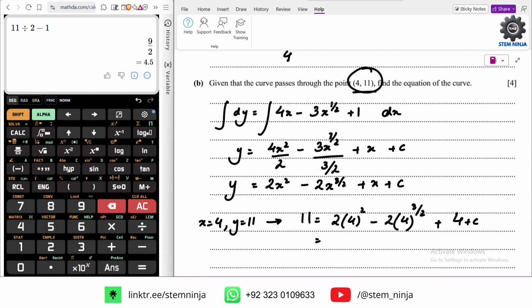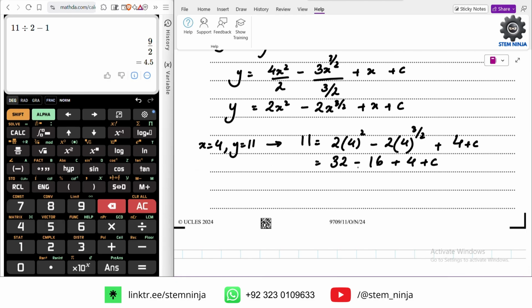So 4 squared is 16, 16 times 2 is 32. The square root of 4 is 2, 2 cubed is 8, 8 times 2 is 16, plus 4 plus c. 32 minus 16 is 16. 16 plus 4 is 20. So 11 equals 20 plus c. So therefore c is 11 minus 20, which is minus 9.